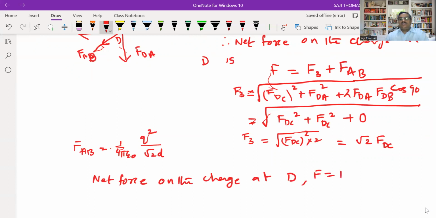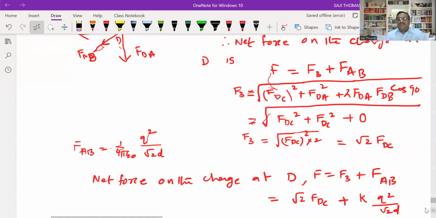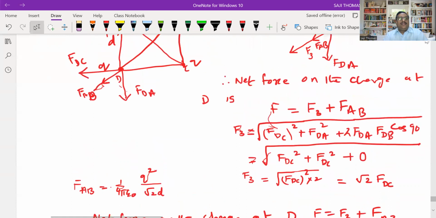F is equal to F3 plus FAB, equals root 2 FDC plus 1 by 4 pi epsilon 0, which I write as K, Q square by root 2 d. Now what is the force between D and C?